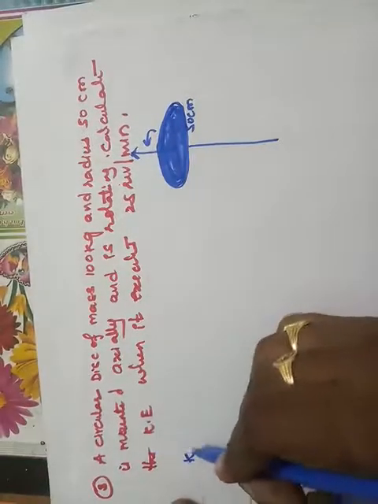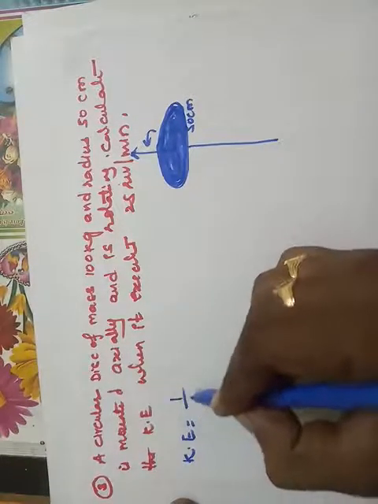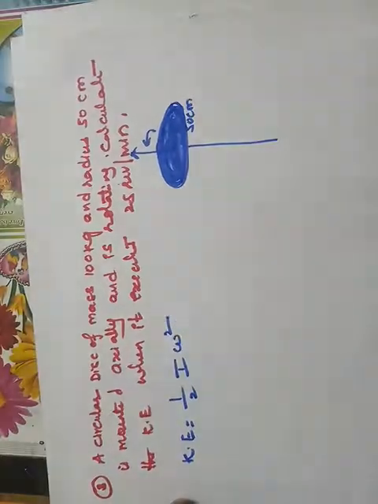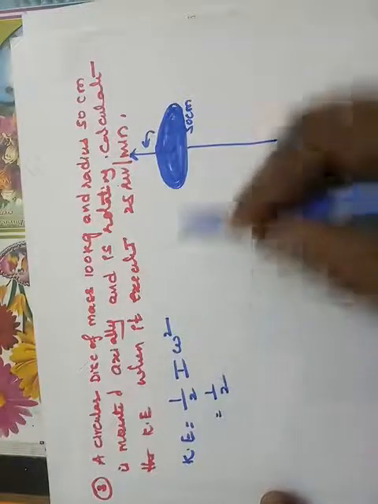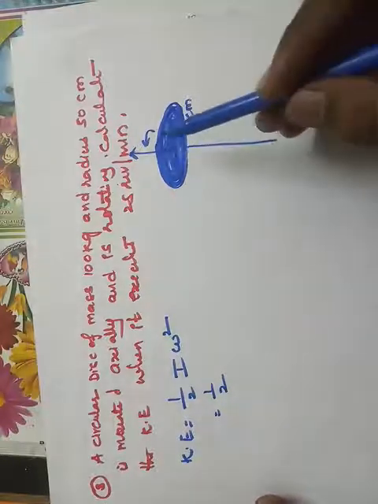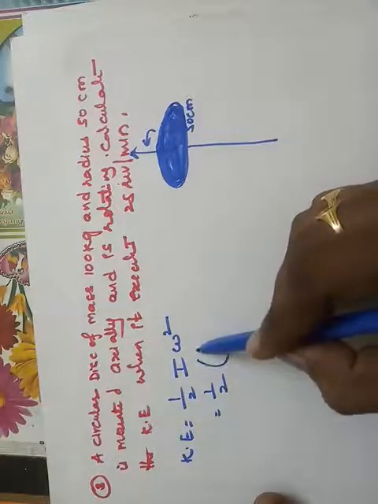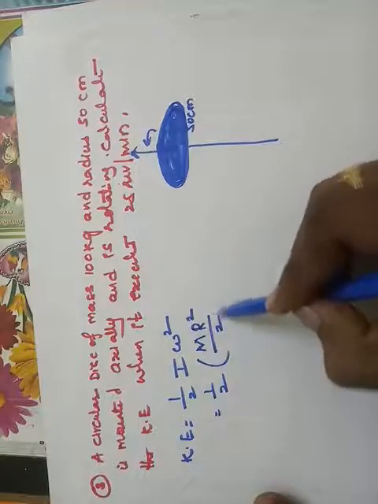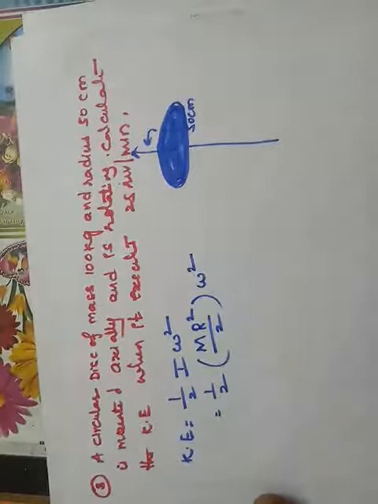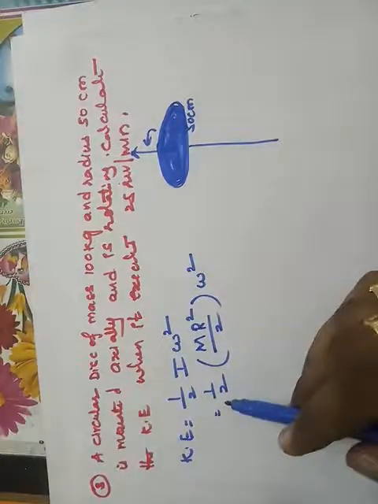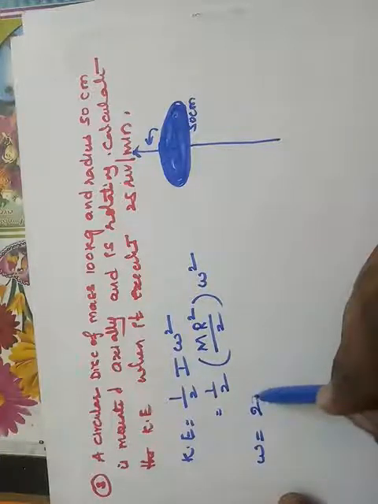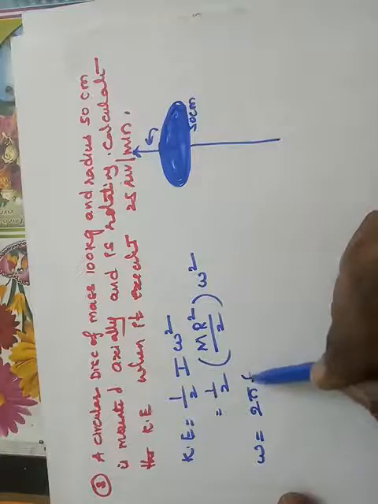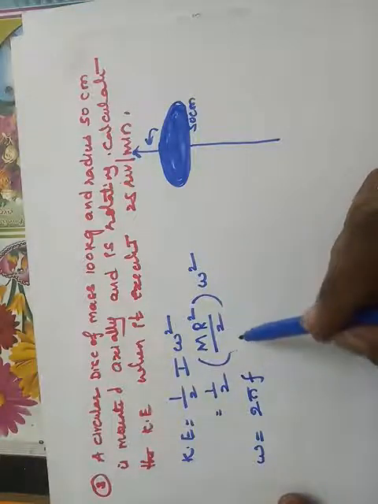Now the kinetic energy of a rotating body can be taken as half I omega square. It is very clear, we know very well. And for the inertia, the inertia of this disk rotating axially can be written as mr square by 2, into omega square. Okay, now what is omega? How can we write omega? Omega is equal to 2 pi f. Okay, so what is f? Revolutions per minute.